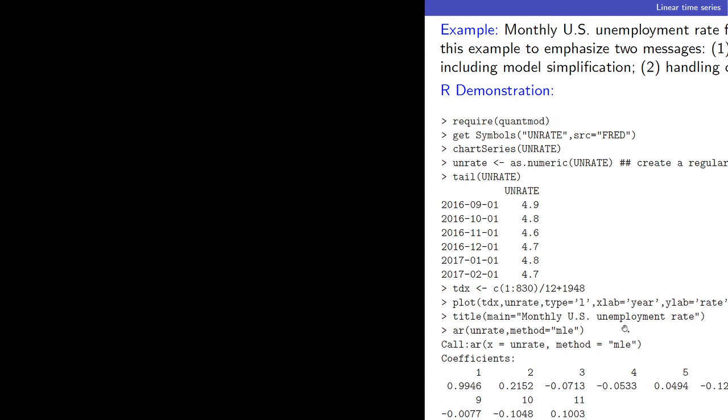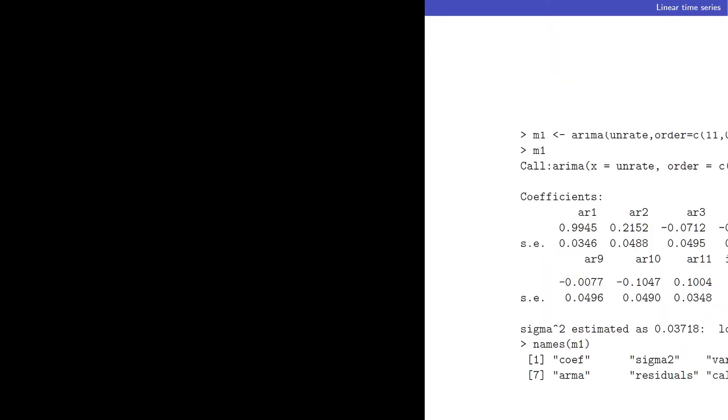Well, first of all, we would get our coefficients here. Our order is set to 11. Sigma squared is estimated in this way. And so we build an AR model with this data.